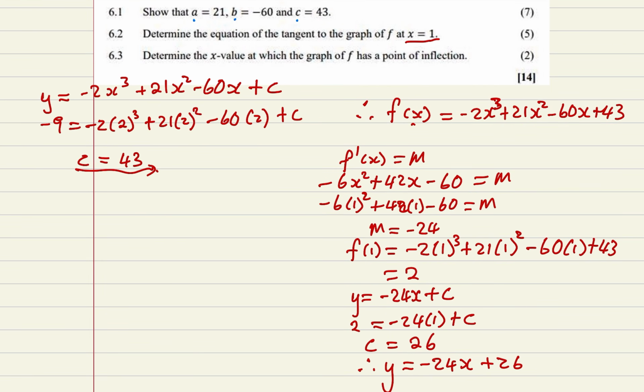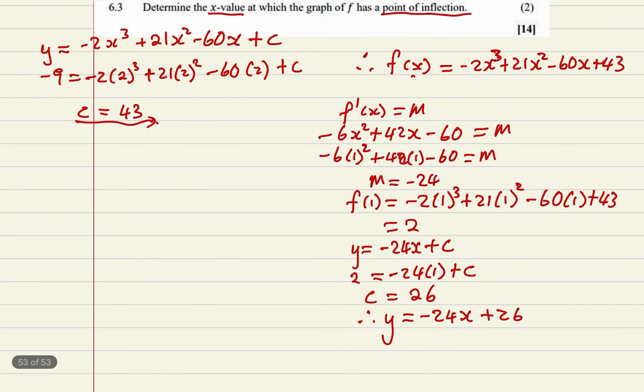Then determine the value of x for which the graph has a point of inflection. For the point of inflection, we do the second derivative. The first derivative was negative 6x squared plus 42x minus 60.